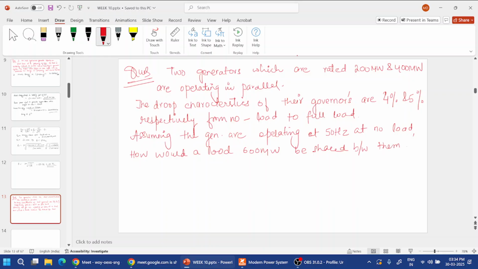We have to find the frequency also. What will be the frequency of the system?